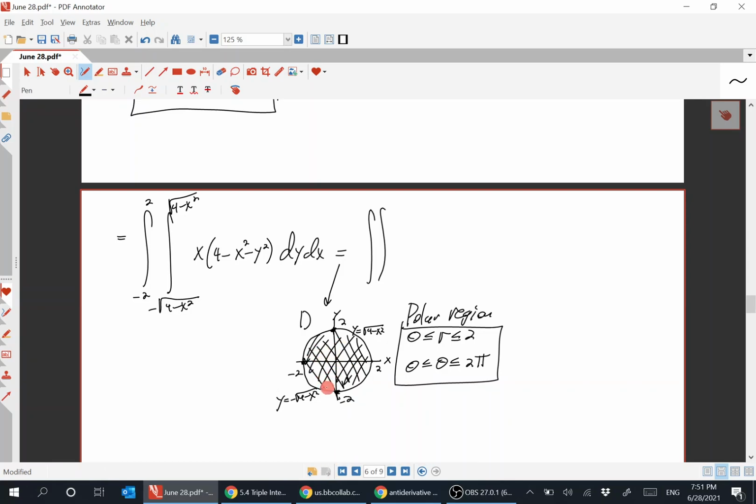So it's that whole disk, but in terms of r and theta it's just like that. x is r cosine theta, times 4 minus, x squared plus y squared is r squared, so 4 minus r squared, and then dy dx is r dr d theta.